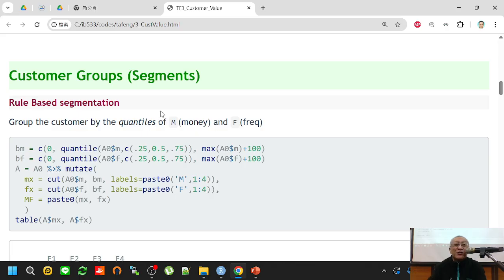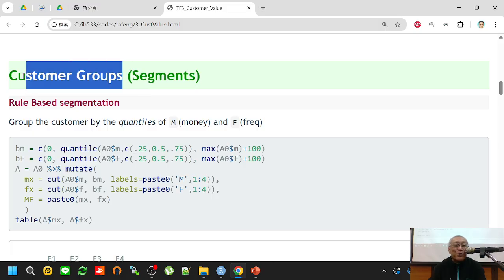So basically, we will try to do segmentation, which means we put customers into groups, and according to their group characteristics, we can do marketing to them.